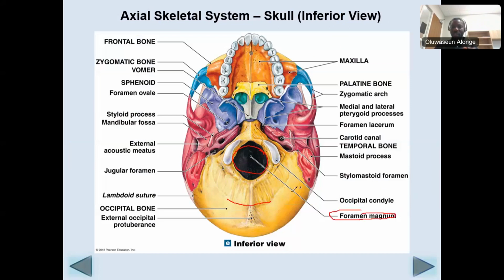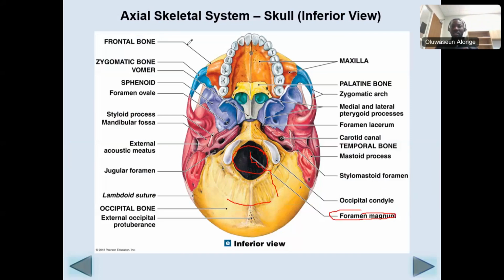This foramen magnum connects with the first cervical bone right behind. The first cervical bone is right here, and this is where the spinal cord continues into the vertebral foramen of the vertebral bones. I'm still going to show you that later.